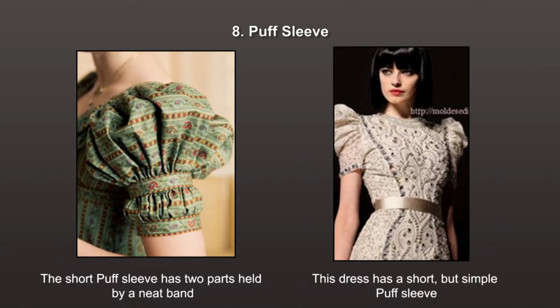On the right is a dress which has a simple puff sleeve. In this case, the gathers have been made only at the armhole, whereas the bottom hem or the sleeve hem does not have any gathers and is fitted.